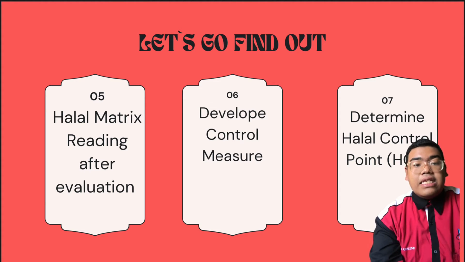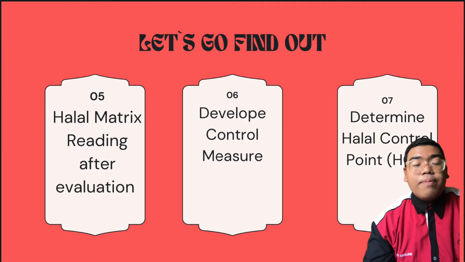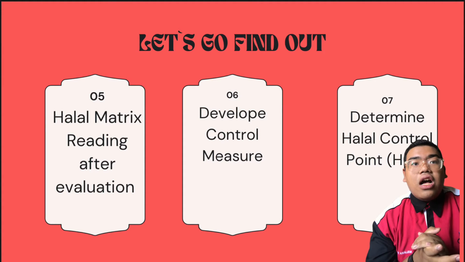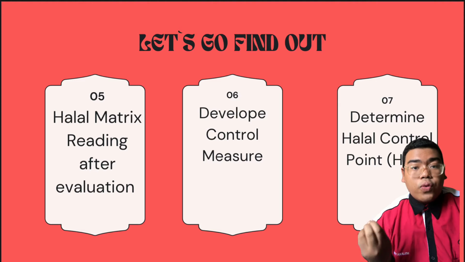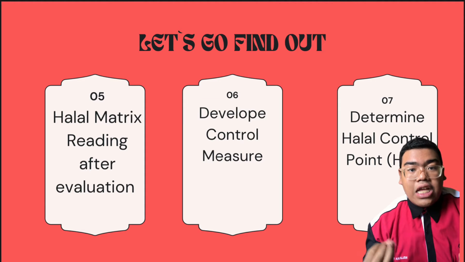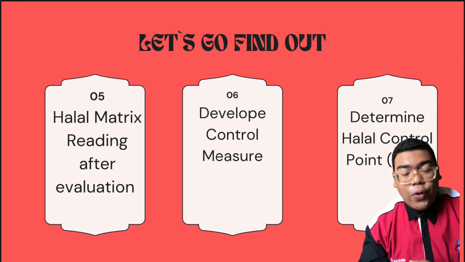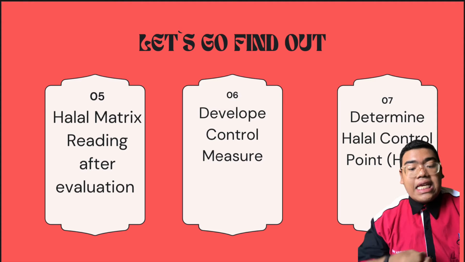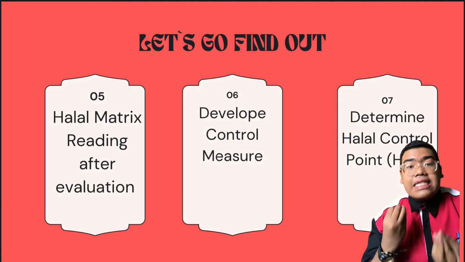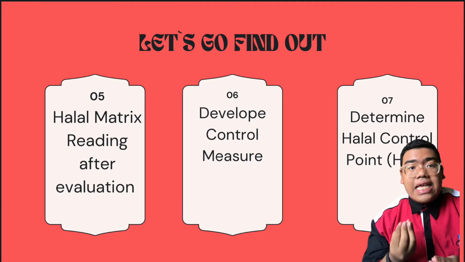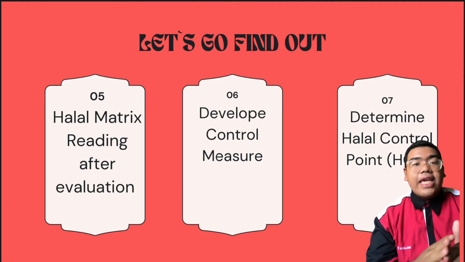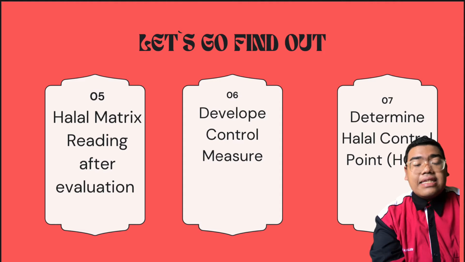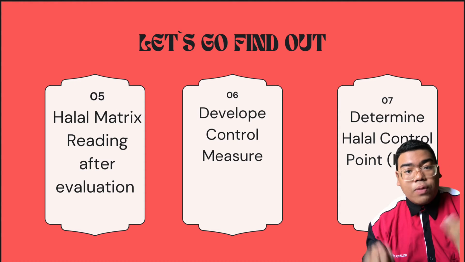The next step is to develop the control measure. We develop how to overcome this halal trait in the process flow of our product to ensure the quality, safety, and halal status of our product is maintained. And then the last step is to determine the halal control points.